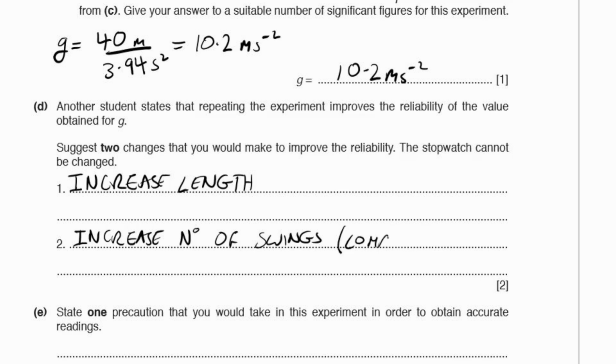Let's write that down. So increase the number of complete oscillations. They are things that are far more important than changing the stopwatch. Nothing that you've been told so far has given you any inclination that the stopwatch is bad. Because it's this kind of experiment, it's a perfect stopwatch.